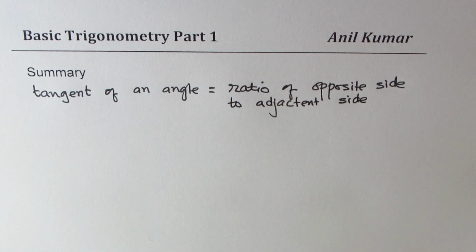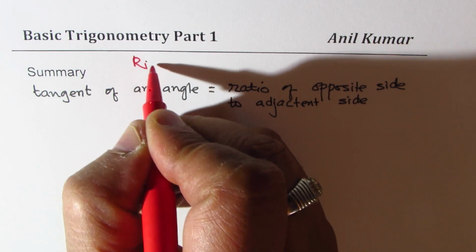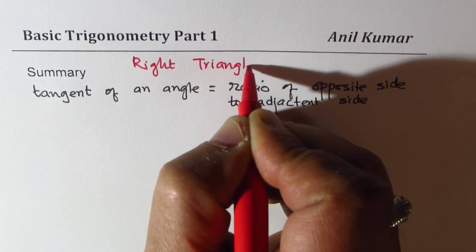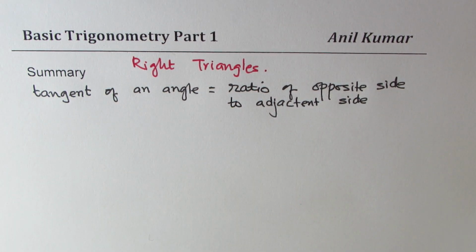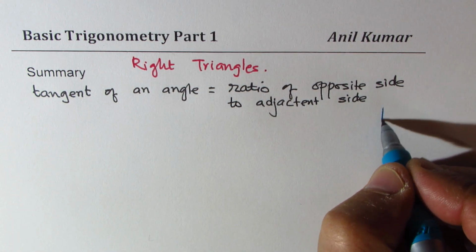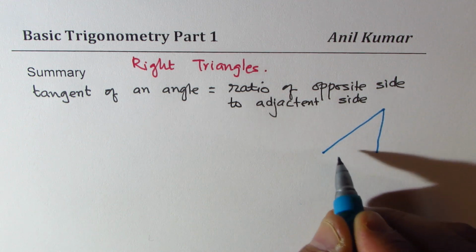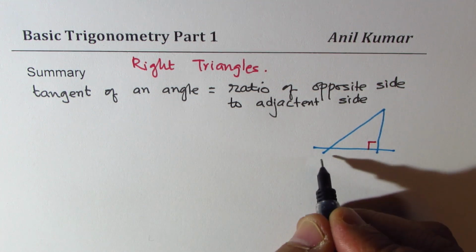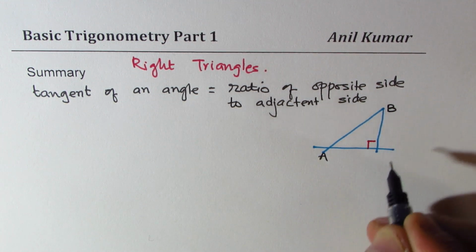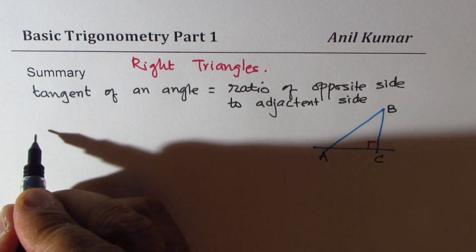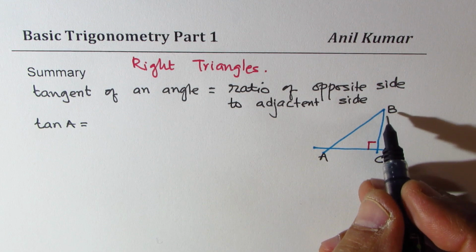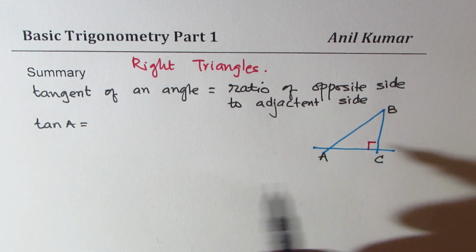We're talking about right triangles. Let's remember that. So let me make one here. It will help to explain things better. So let's say this is our right triangle, ABC. So in that case, tan of A is equal to BC over AC.